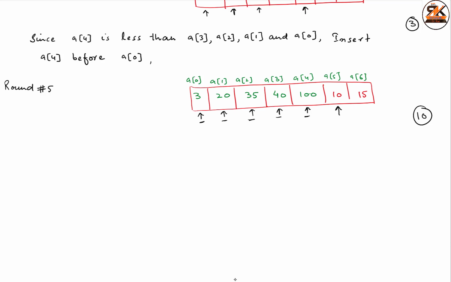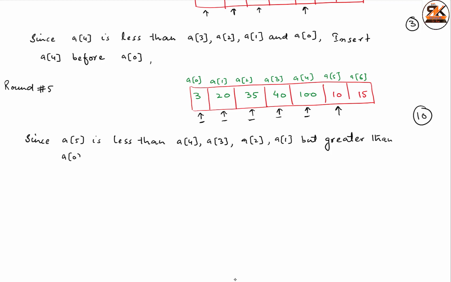So in this case I'll write here, since A5 is less than A4, A3, A2, A1, but greater than A0, therefore insert A5 before A1 and after A0.